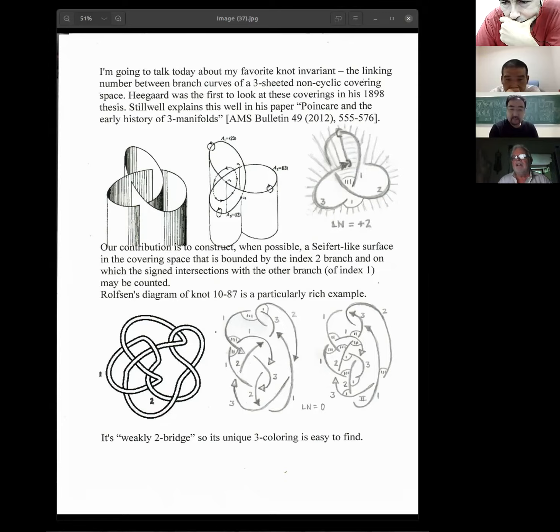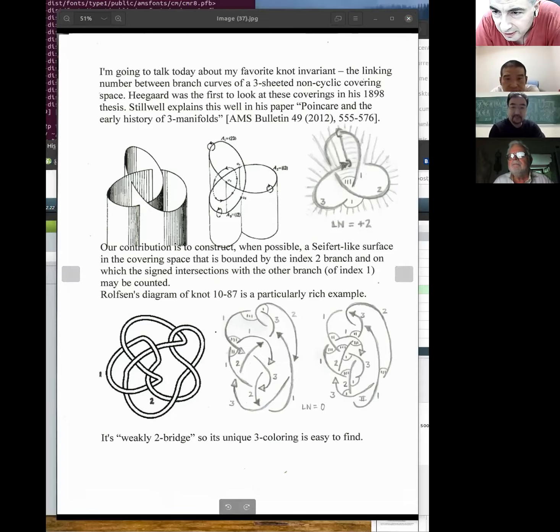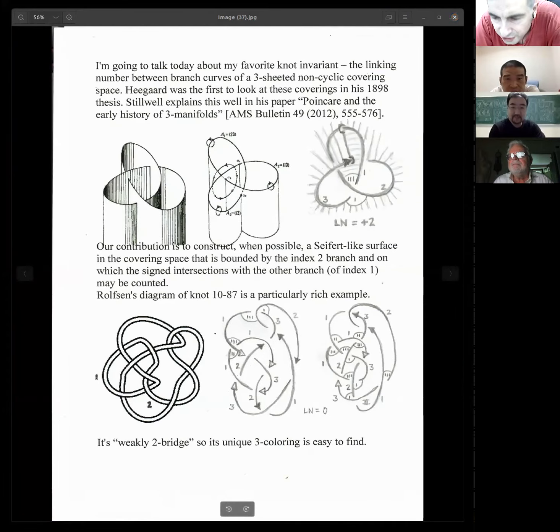And a good example would be dropping now to the bottom three pictures. I don't know if these appear full screen anywhere. Alex, can anybody see these full screen? Because they're awfully tiny on what I'm looking at. Okay, I can try to make it bigger. Do you see this bigger now?